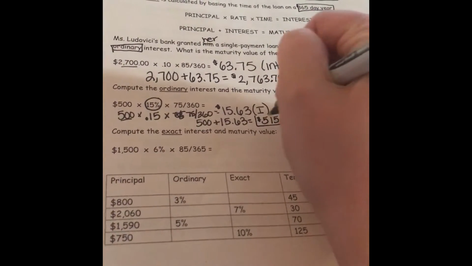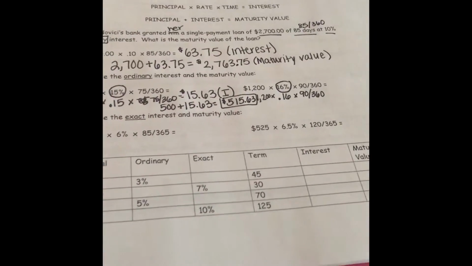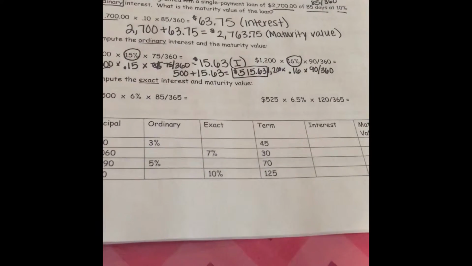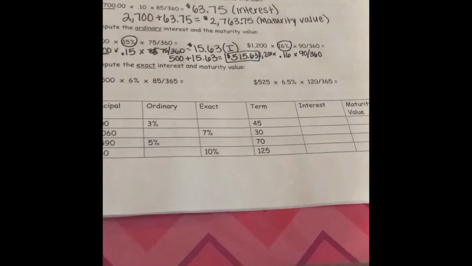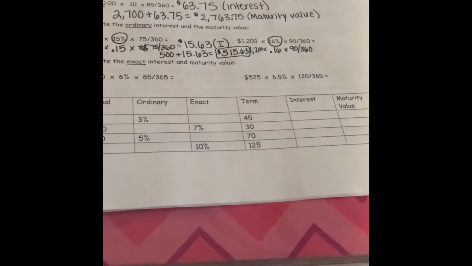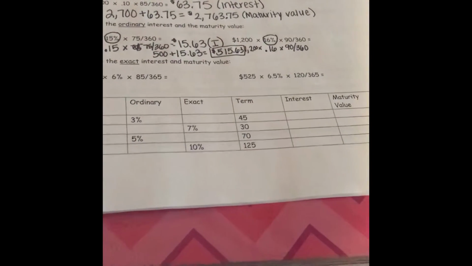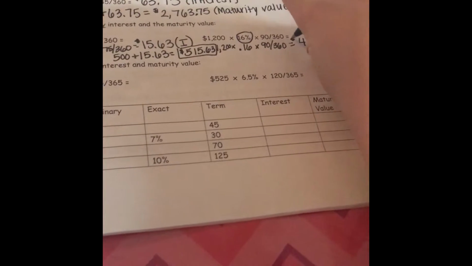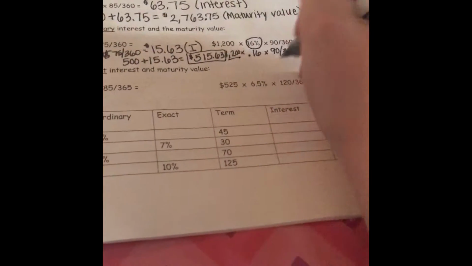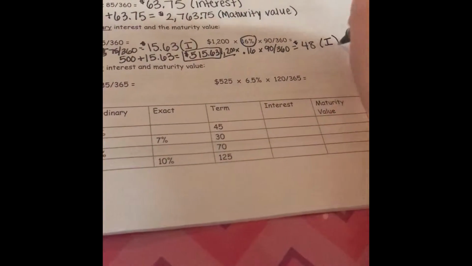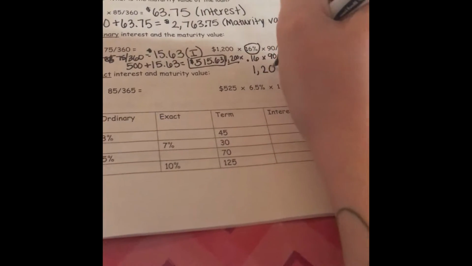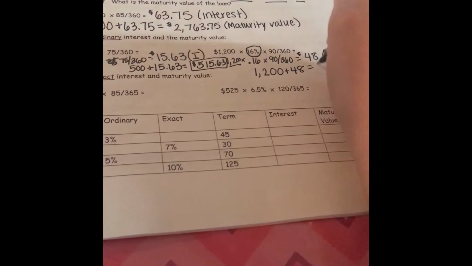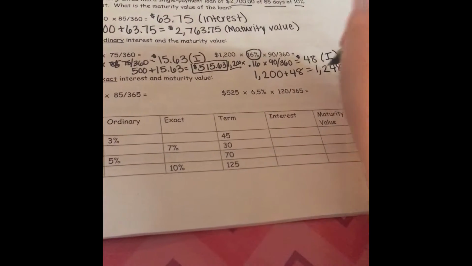That is my maturity value. For the second, I take my 1,200, multiply it by 0.16, multiply it by 90 out of 360, and I get $48. To find my maturity value, because this is just my interest, take my 1,200 and add my interest, 1,248.